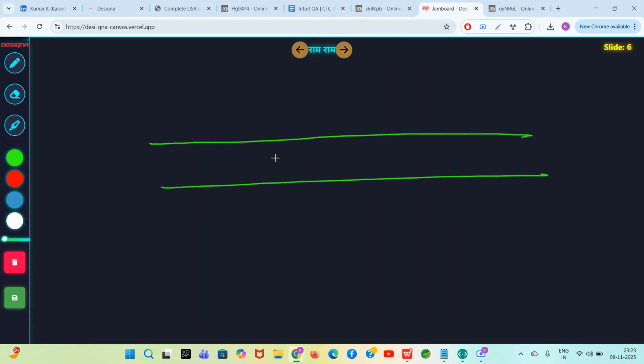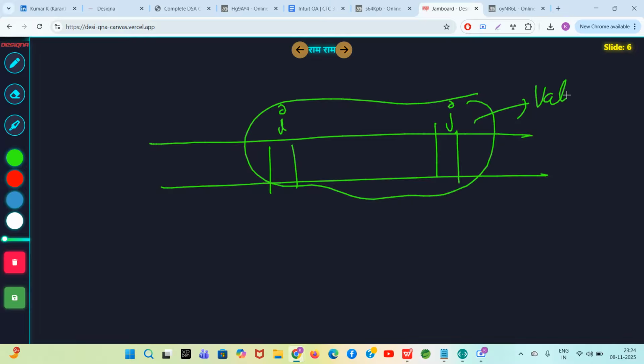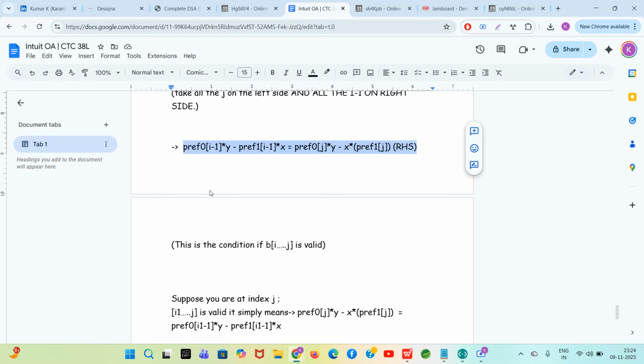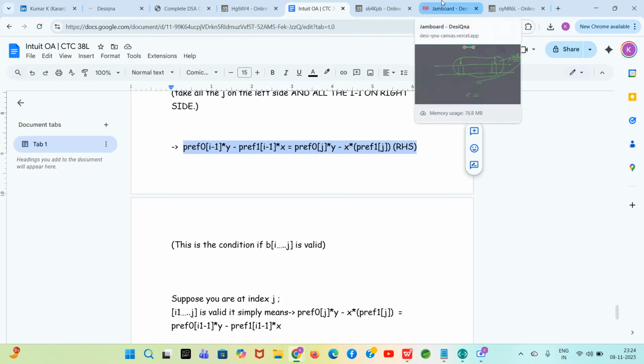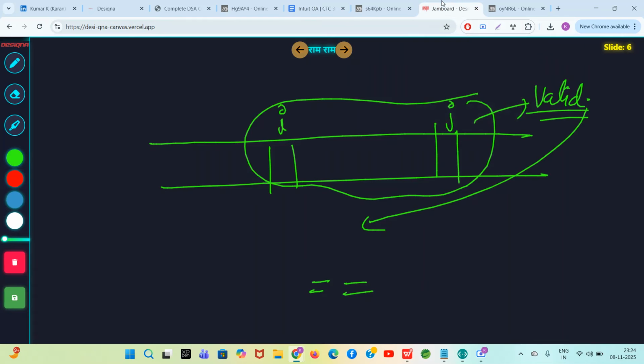So if this is index I and this is index j, when is this thing valid? This thing is only valid if this situation is getting satisfied. Which situation? P0 I minus 1 into y minus P1 I minus 1 into x.